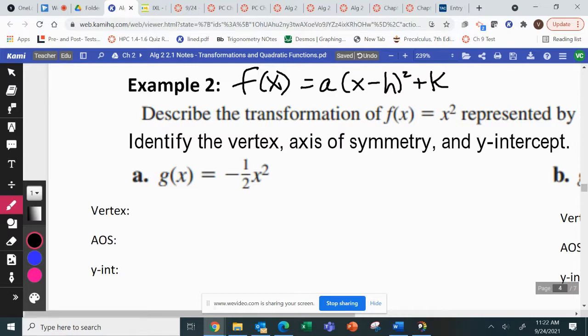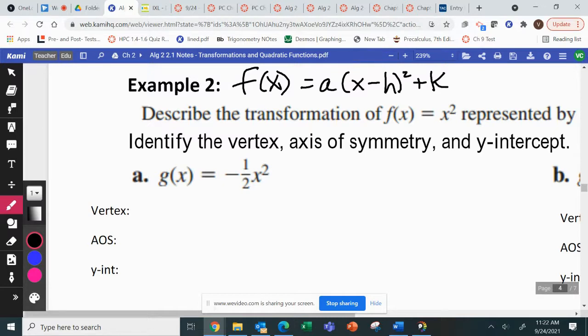So the vertex form is, we're going to find H, K. The H is whatever's adding or subtracting to the X. What's added or subtracted with the X inside the squared? What'd you say? I don't know.